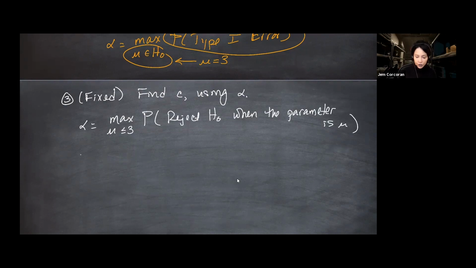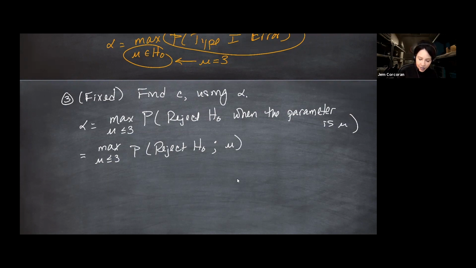A shorthand way to write this down is the maximum over mu less than or equal to 3 of the probability you reject the null hypothesis, then a semicolon, mu. So this probability is a function of mu that we're going to maximize over the null hypothesis set.